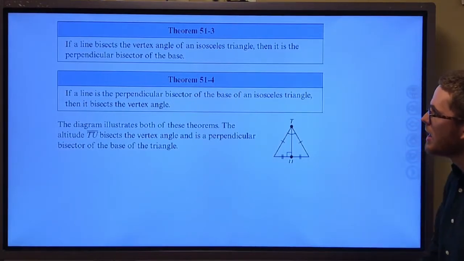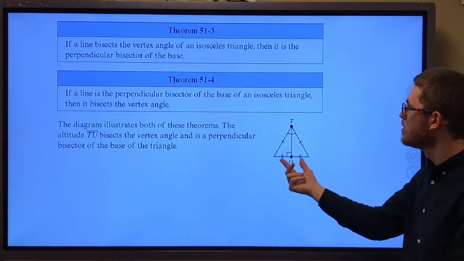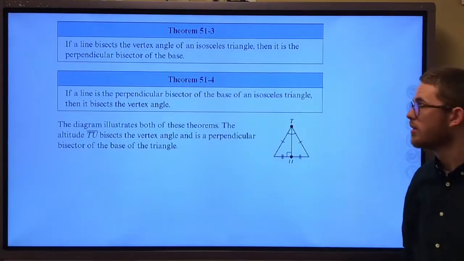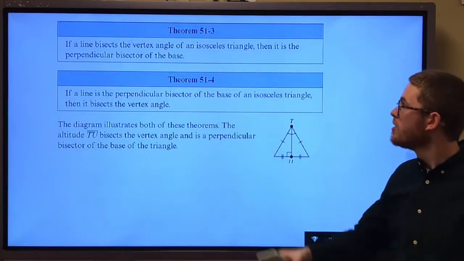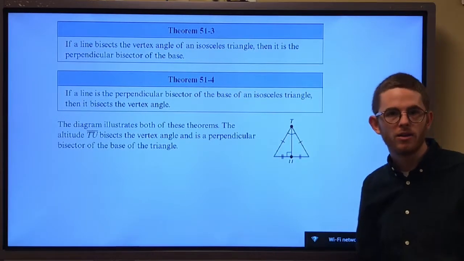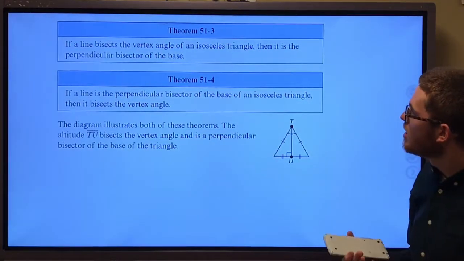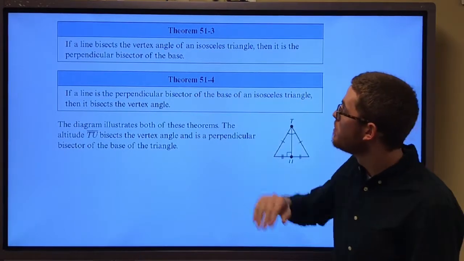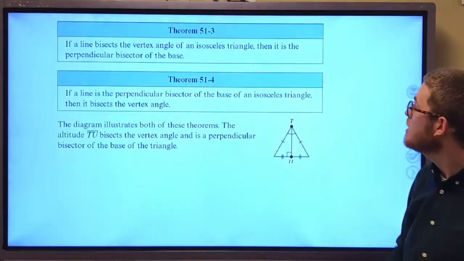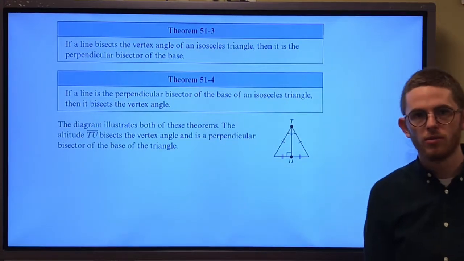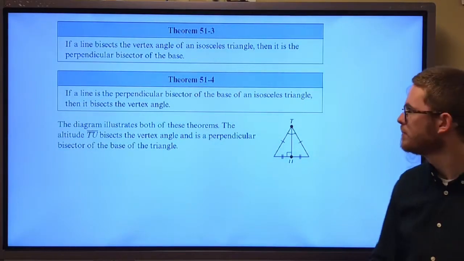Similarly, if a line is a perpendicular bisector to the base of an isosceles triangle, it's going to bisect the vertex angle. So here we have a statement and its converse is also true. That means the biconditional is true. A line bisects the vertex angle of an isosceles triangle if and only if it's a perpendicular bisector. These things go hand in hand.